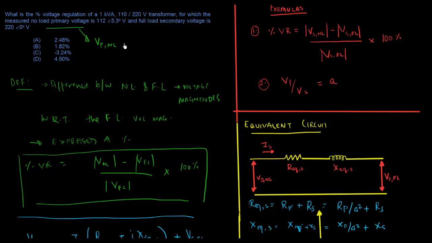Now what we do know is V primary over V secondary is A. So what that means is V secondary is V primary over A. We can use that to find V secondary no load, which can be written as V primary no load over A. We've already been given the full load secondary voltage, so we have that value.